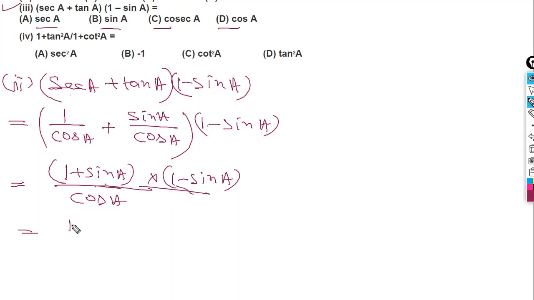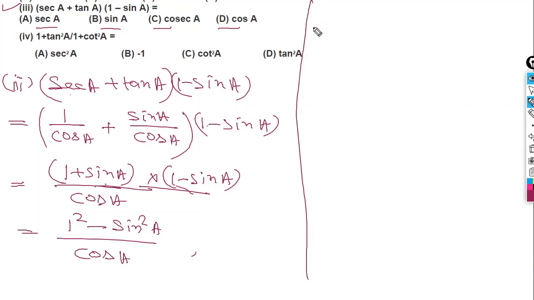So it will be 1 square minus sin square a divided by cos a, which will be equal to, you remember 1 square will be 1, 1 minus sin square a divided by cos a.